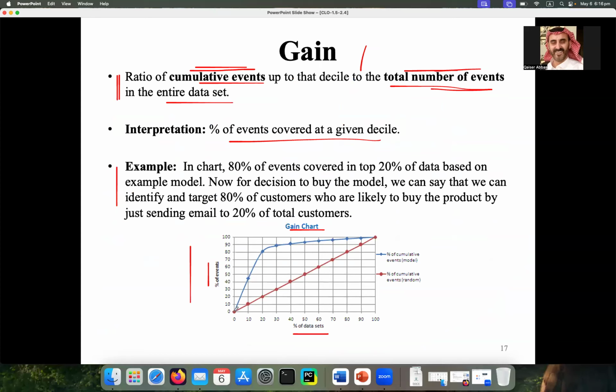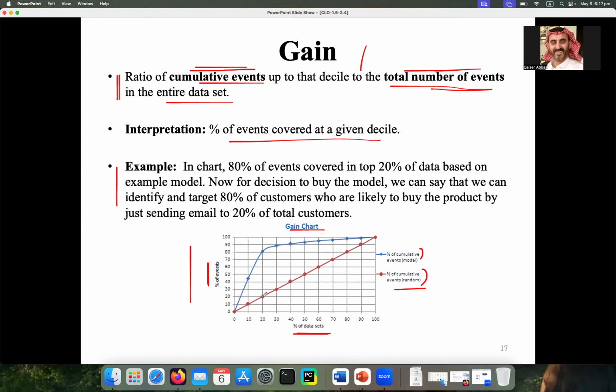If this chart is there, it would be called a gain chart. This diagonal is representing the percentage of cumulative events, random. And this blue line is representing the percentage of cumulative events, model. I am using those two columns given in the previous table that you have already seen, and we are drawing this chart using MS Excel simply.